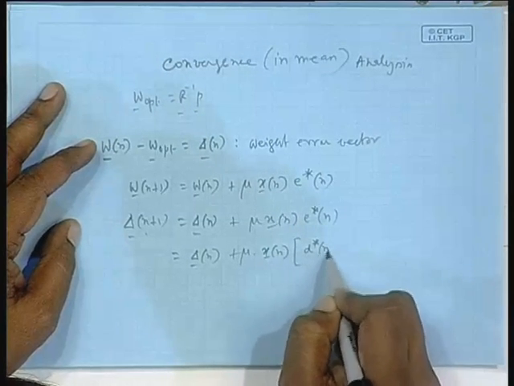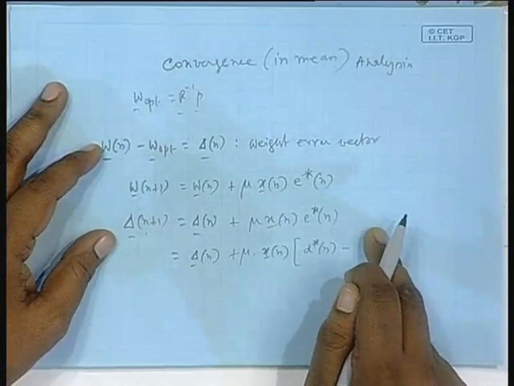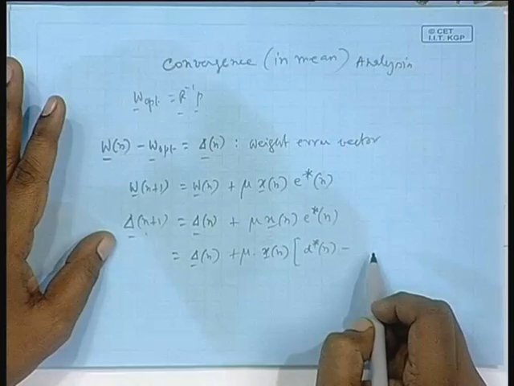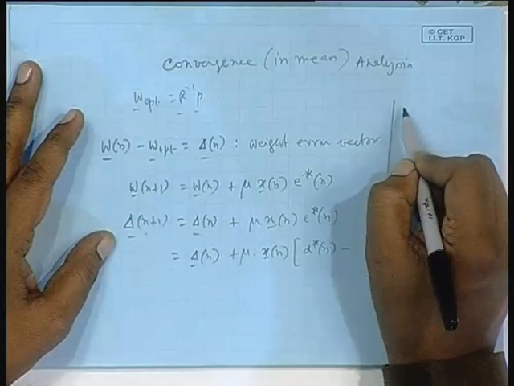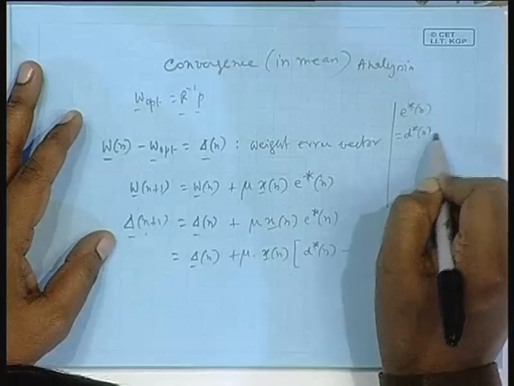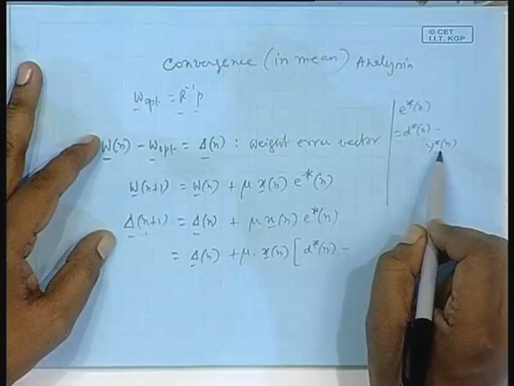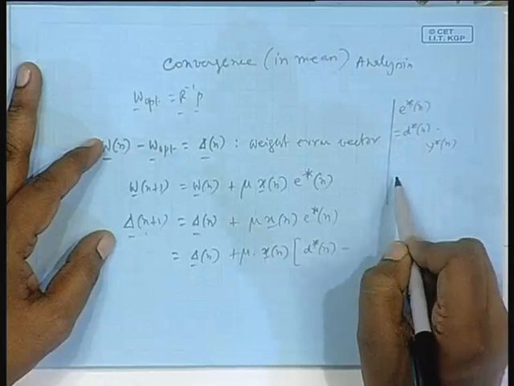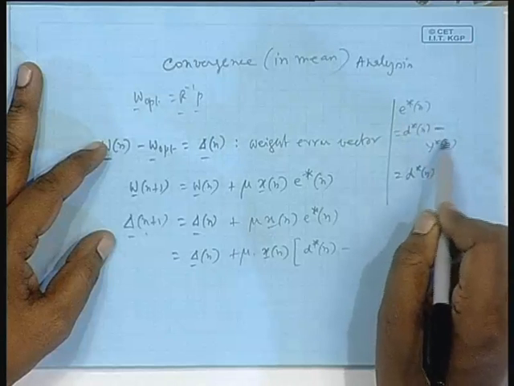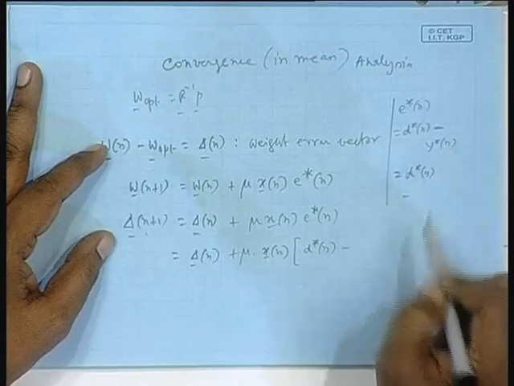D star n minus Y star n. Please see D star n minus Y star n. I am writing separately. E star n is D star n minus Y star n, same as D Hermitian n minus Y Hermitian n, because they are scalars. That is, if you replace this Y star by Y Hermitian, then this becomes what? Y n is W Hermitian n x n.